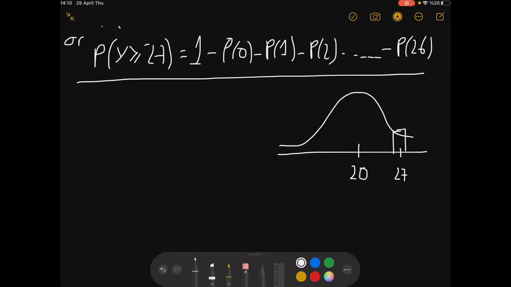More than 27, and you're trying to calculate this area, this particular area, right? 27 is also included, right? Greater than equal to. So I'm trying to calculate this area, this particular area.